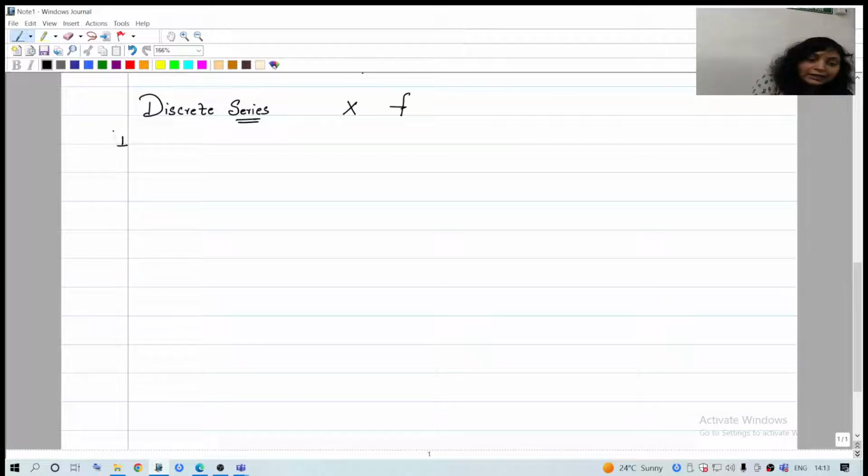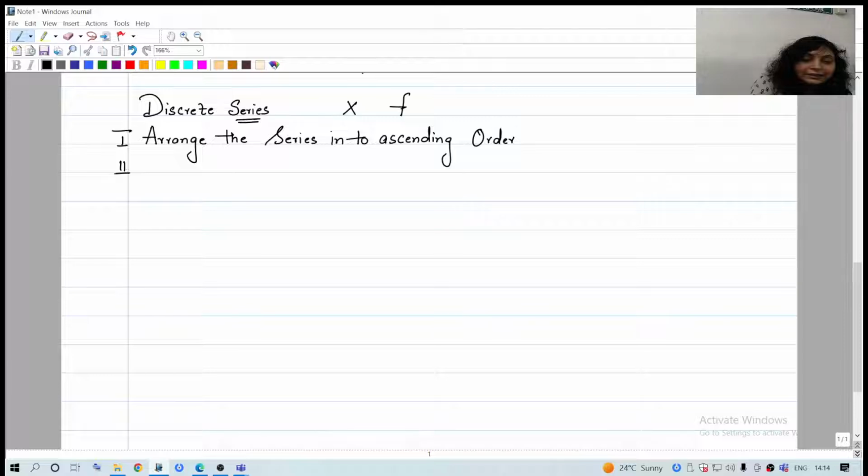First thing, again the same, arrange the series in ascending order. You have to arrange the x, not the frequency. The frequency will be adjusted accordingly. X items you have to arrange in ascending order.